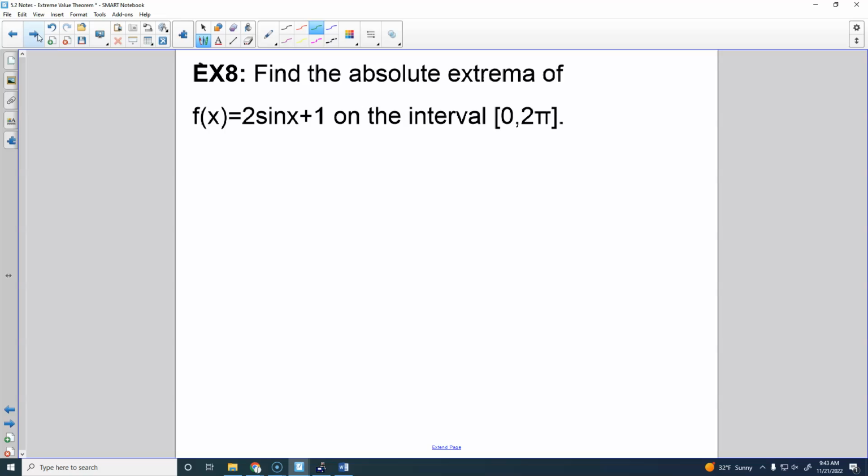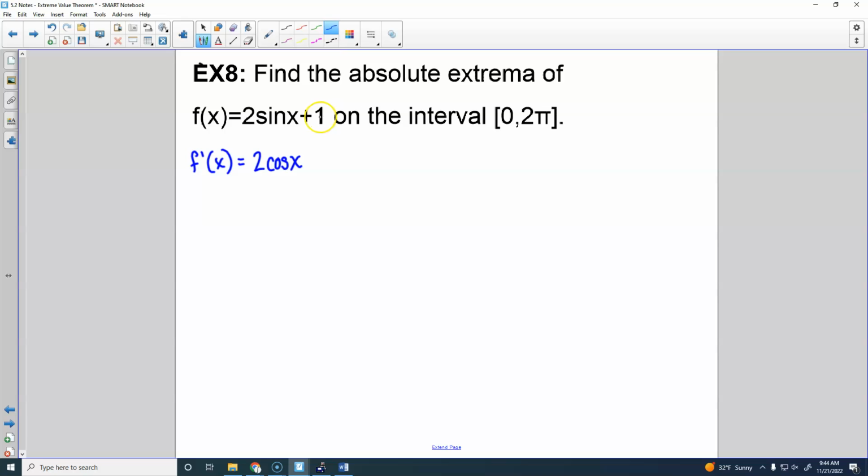Okay, absolute extrema of 2 sine x plus 1 on the interval from 0 to 2 pi. Which is basically unit circle values, right? So, we have to have critical values. We got f prime of x. Derivative of sine is cosine, so we're going to get 2 cosine x.